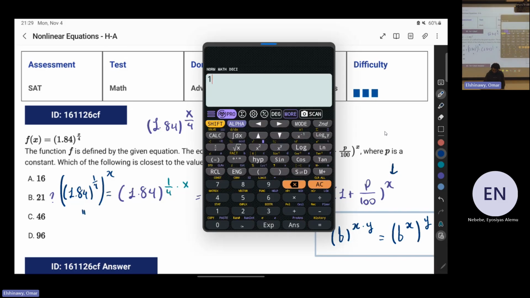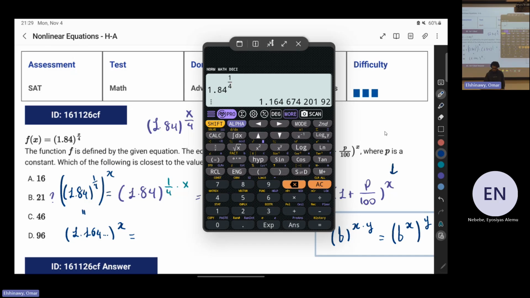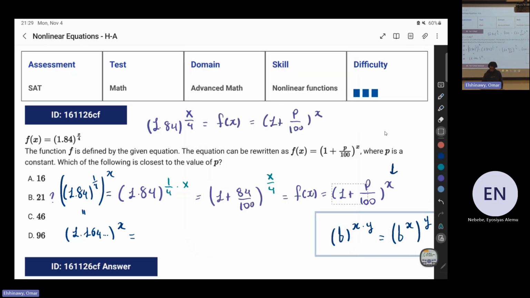So 1.84 to the power of 1/4. We will have the calculator on our exam, so that's fine. So I get 1.164 something to the power of x. And now I can equate it. I mean, it's always been equal to this expression, but I still need to equate it like this so I can make the proper comparison.